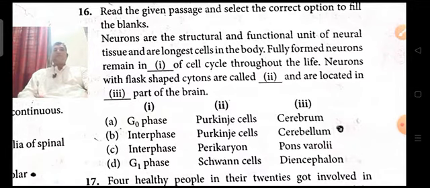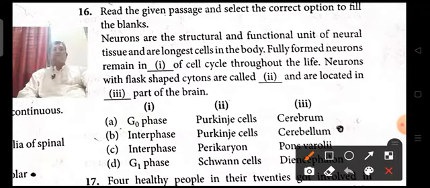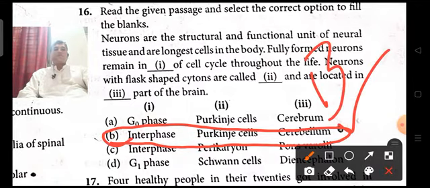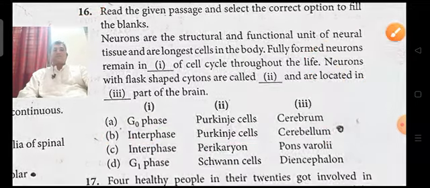They will divide only once and then go into interphase. When we talk about the flask-shaped ones, we have come across in the topic discussion that they are called Purkinje cells, and generally these are located in the cerebellum. So by checking these options, the most appropriate option we are seeing is option B. So B is the answer for that 16th one. B is the answer. Next.